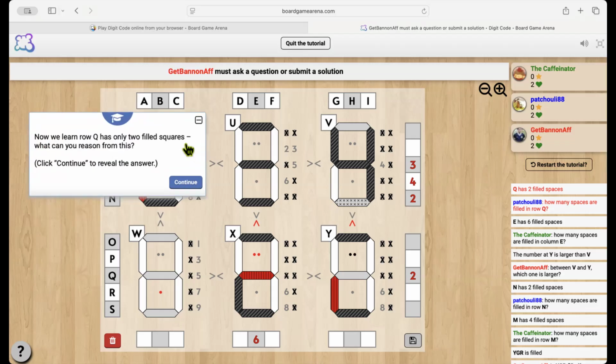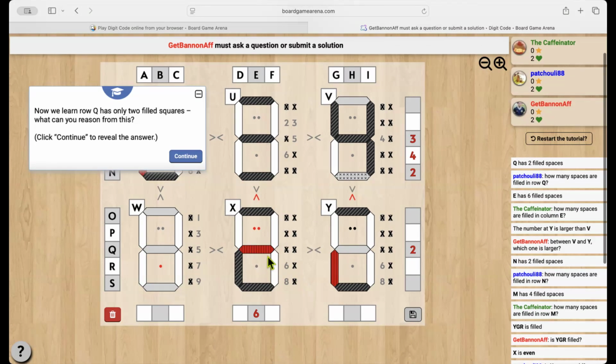Now that we learn Q only has 2 filled squares, what can you reason from this? So Q has 2 filled squares. So 6 and 8, 1, 3, 5. Then we know that row Q has 2 filled squares.